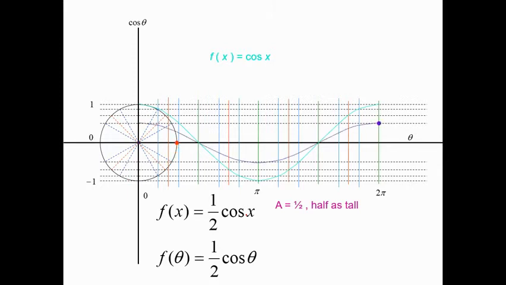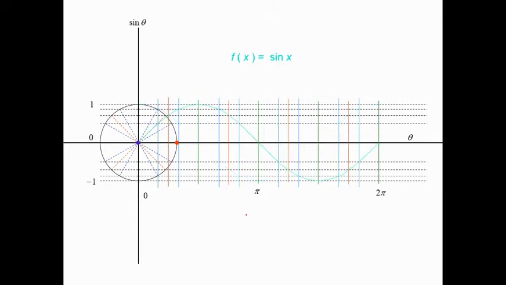So notice how the only thing that has changed is the amplitude, how high or how low the graph has gone. Okay, so it goes from 1/2 or 0.5 as a maximum, -1/2 or -0.5 as your minimum. All right, let's look at the sine wave, okay?